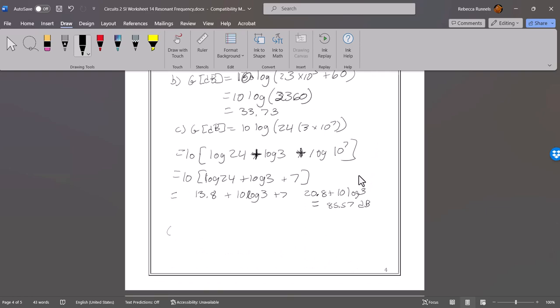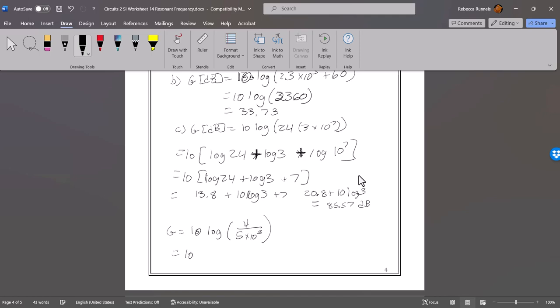So I have 10 times the log of 4 over 5 times 10 to the third. So the log of a quotient is the same as the difference of the logs.